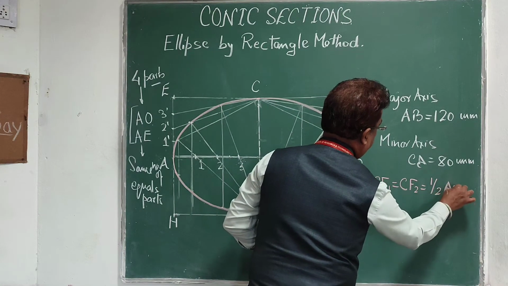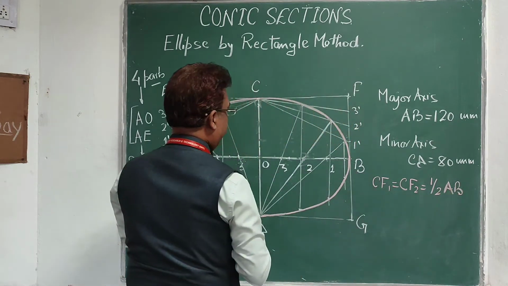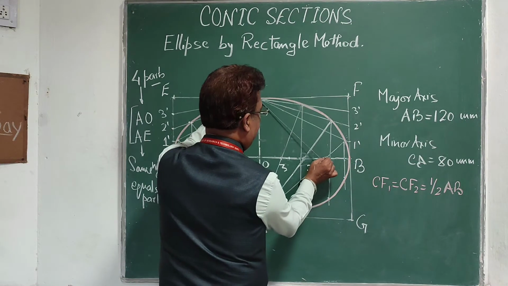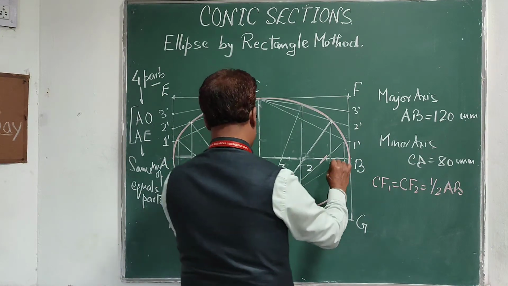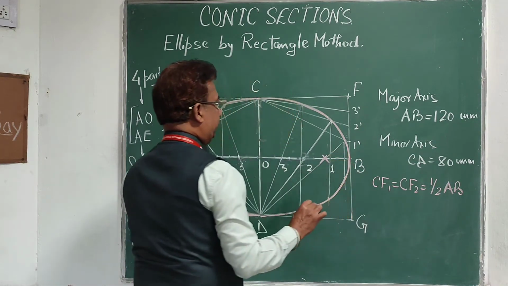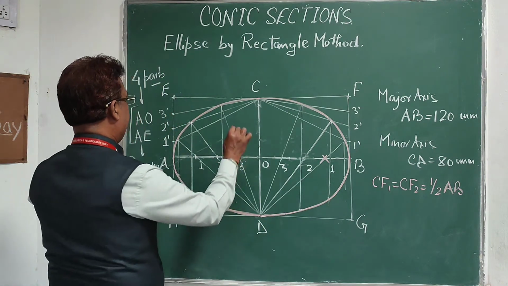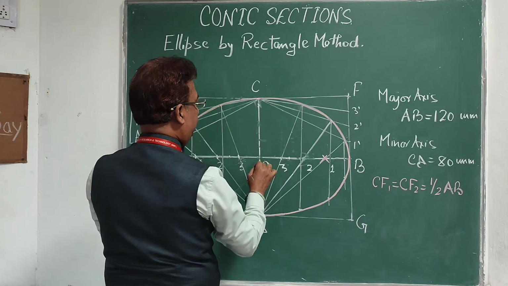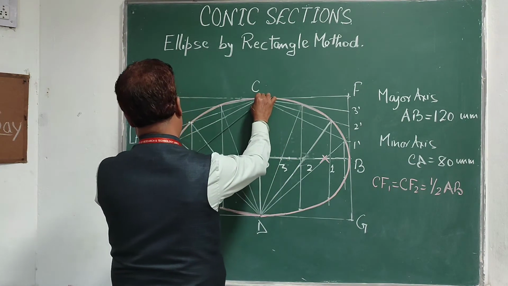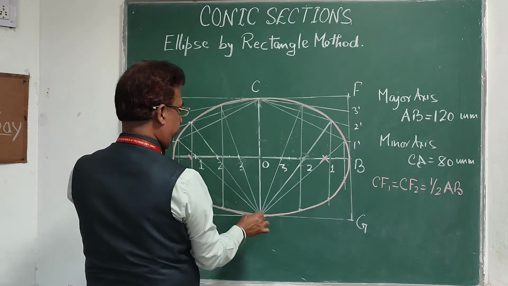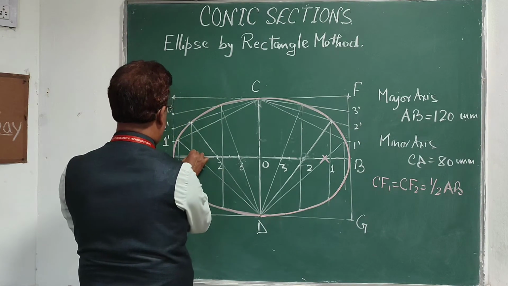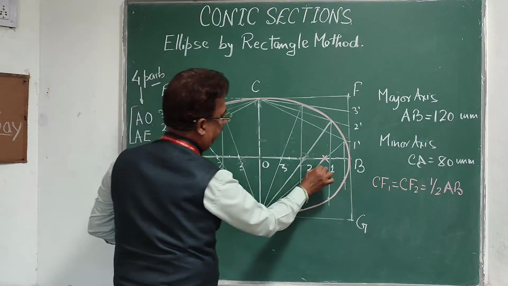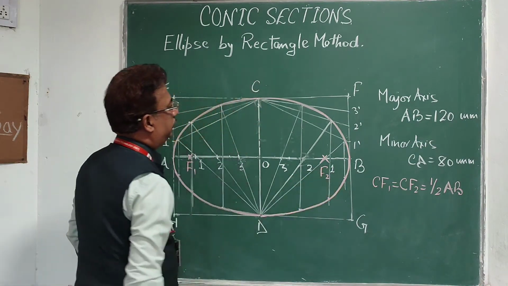So I will pick the length half of AB, and with C as center, if I cut the major axis from C and D both sides, then I can easily get this point. Same way in the opposite side also. You can easily get the second focus, that is F1 and F2.